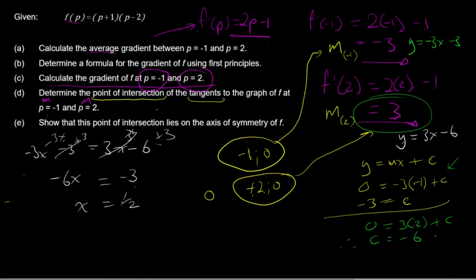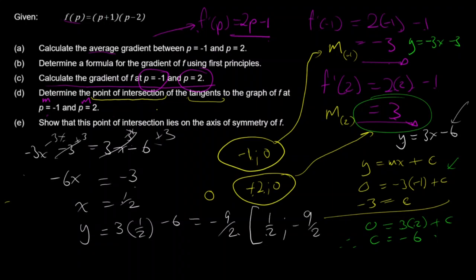We can use either of the two equations to get the other coordinate. So y is equal to 3 times 1 over 2 minus 6. That's 3 over 2 minus 12 over 2, which is negative 9 over 2. This gives us our coordinates of 1 over 2 and negative 9 over 2.